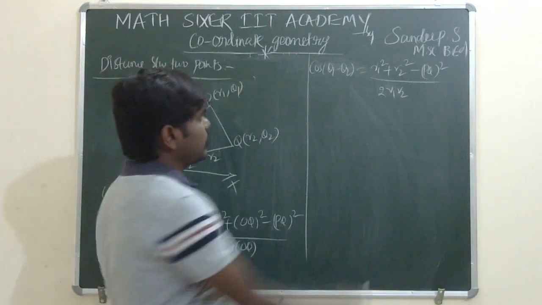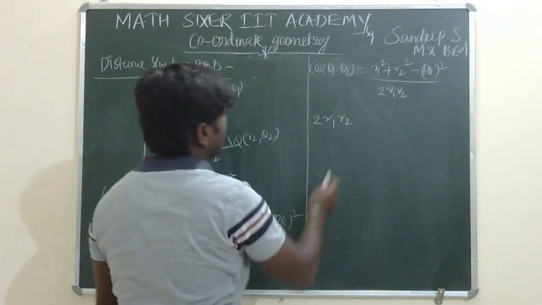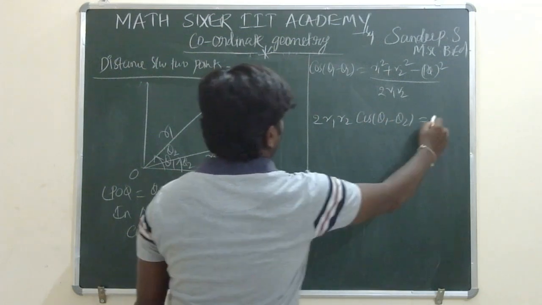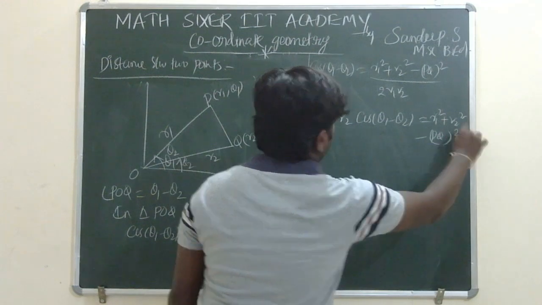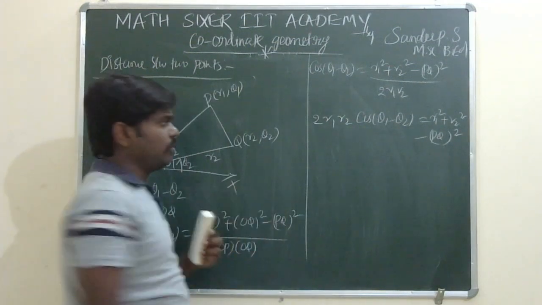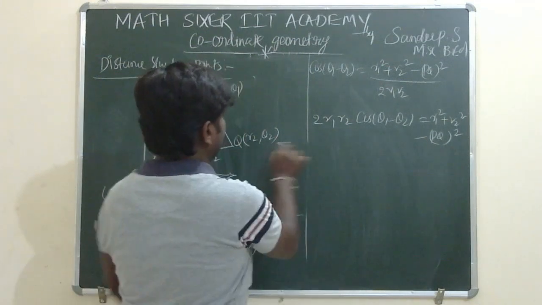Now take this denominator to this side, then it becomes 2 into R1 R2 into cos of theta 1 minus theta 2 is equal to R1 square plus R2 square minus PQ square. Now we want the distance between the points P and Q, that means we want the PQ value. So take PQ to this side and the remaining to that side.